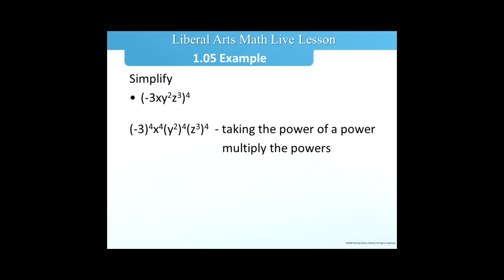Now, when you take the power of a power, you're going to multiply the powers. So when you have a variable that already has a power on it and you're applying another power, those two powers get multiplied by each other.